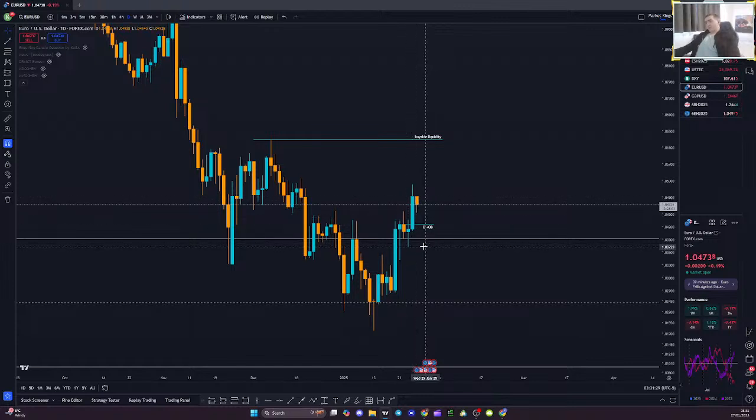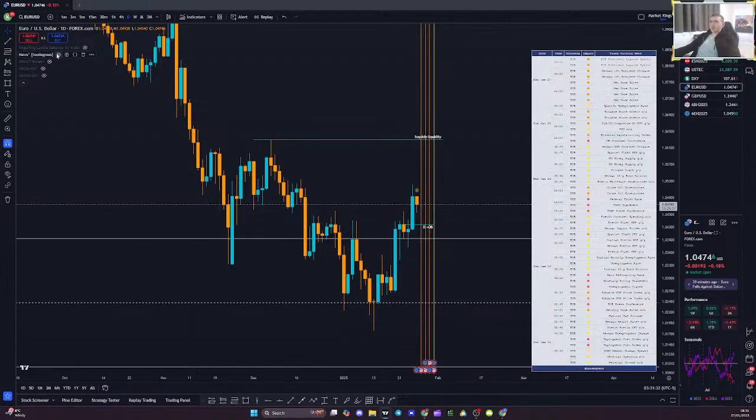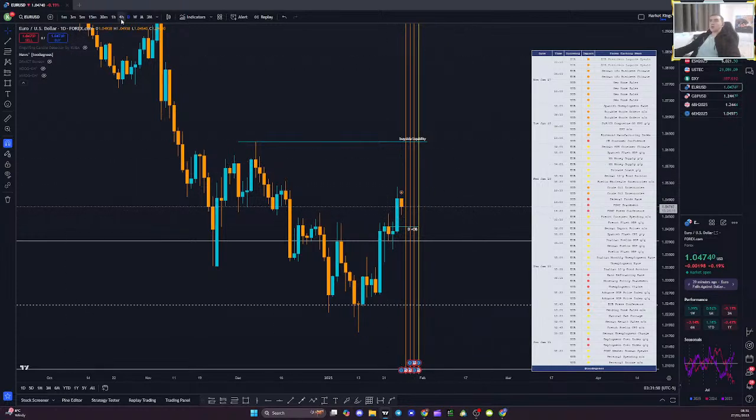And then see if we drop lower, find support, and then have a push higher. Let's look at the news again for this week. I mean, we have a lot of news for Euro this week. So it's possible that we are gonna have a volatile week.